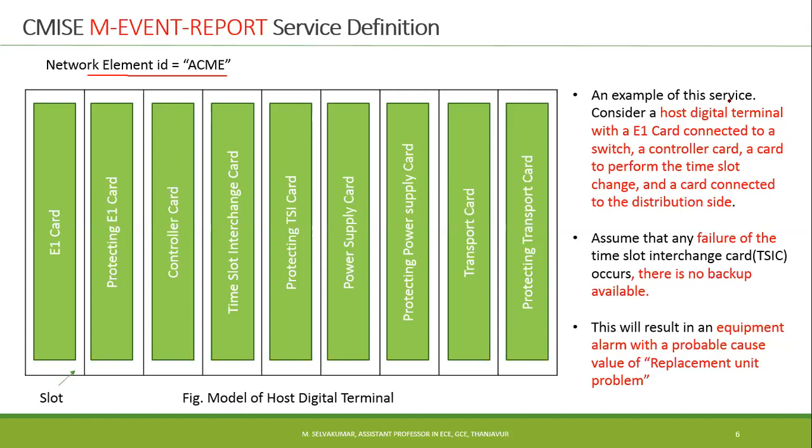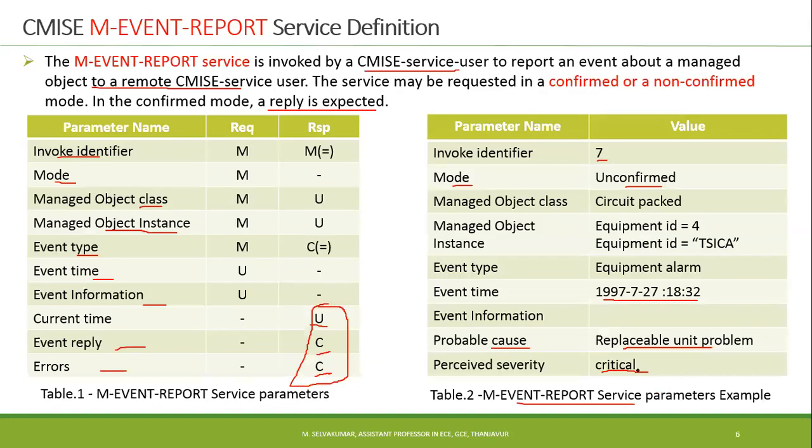An example of this service is shown here. Assume that there is a failure of the time slot interchange card and no backup is available for redundancy. This will result in an equipment alarm with a probable cause. The value given is replaceable unit problem.